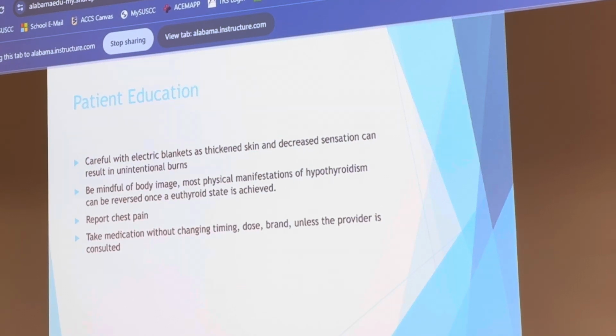sufficiently to perfuse. And then our medication, notice, try not to change timing, dose, brand, all of that. Because it's hormone based, and you guys probably have the same thing either with birth control or anything that's a hormone medication. We don't want to change because the manufacturing, the way it's compounded, can alter the dosing.